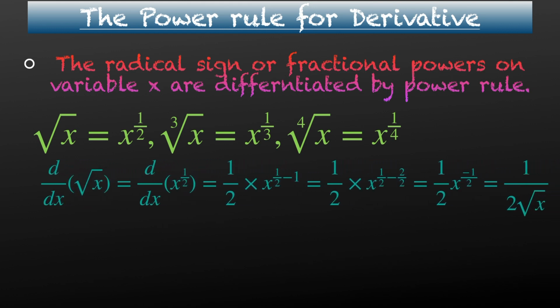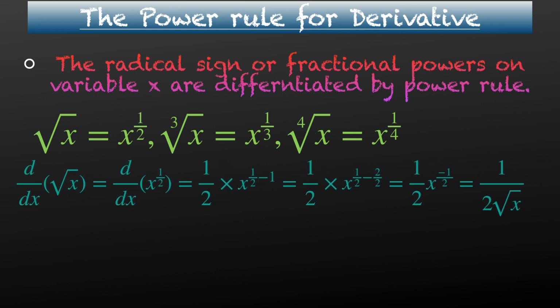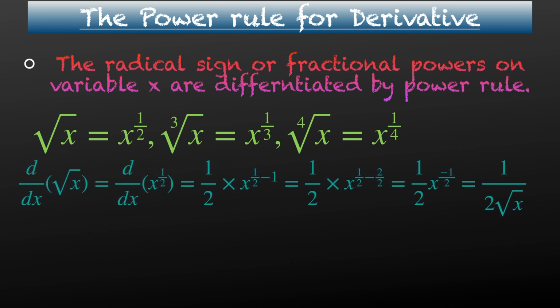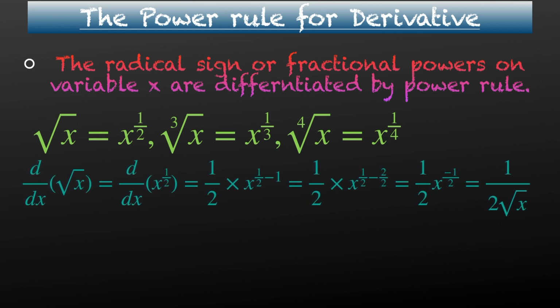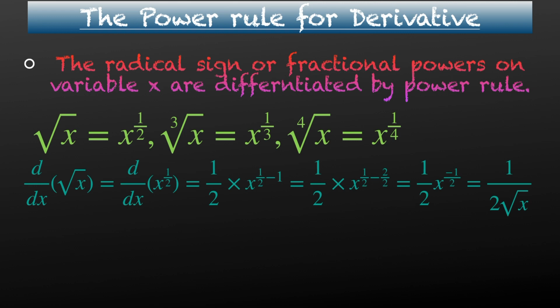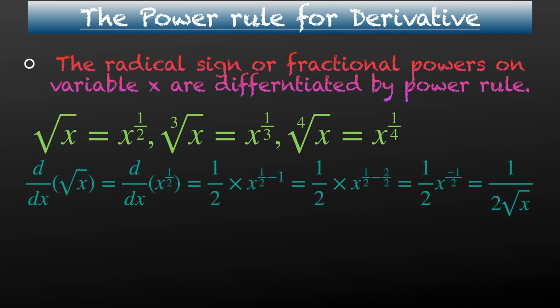So we multiply it by 2 by 2 and finally we get the answer 1 over 2 x raised to power minus 1 by 2. Now just simplify it and bring x raised to power minus 1 by 2 to the bottom and you will get the answer 1 over 2 under root of x. It's your choice to leave the answer like this, but this is the most common form that is used.